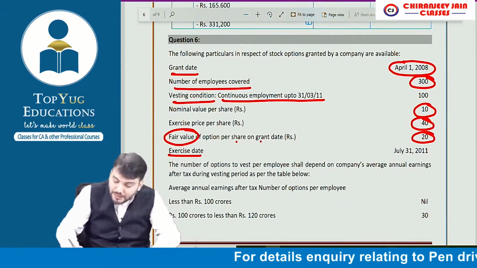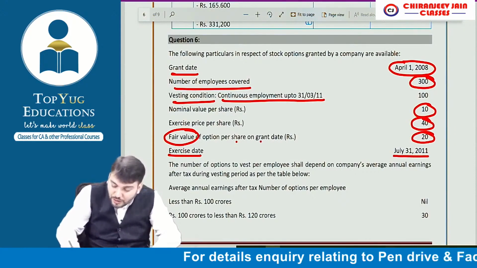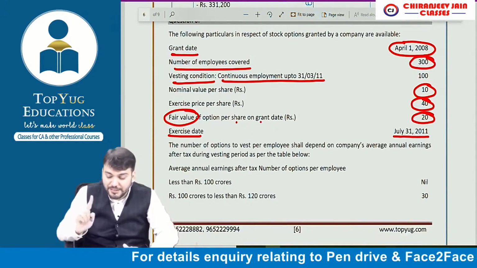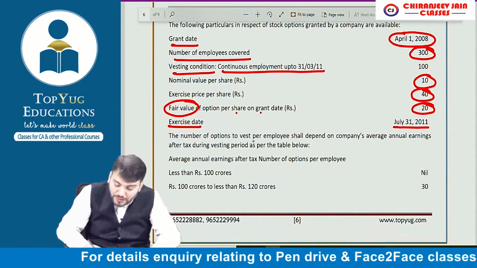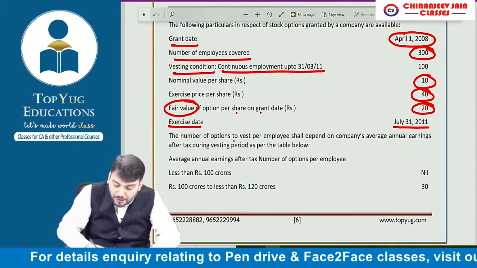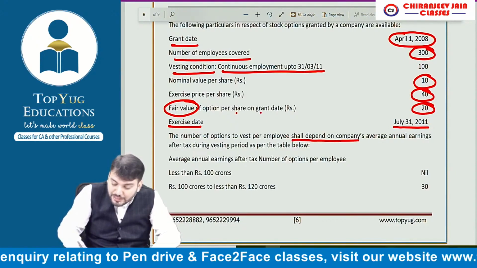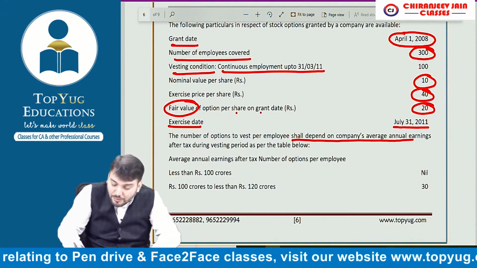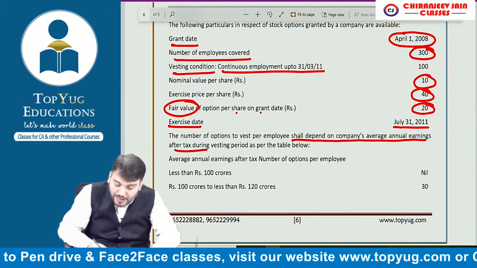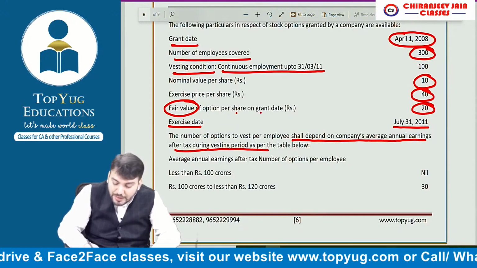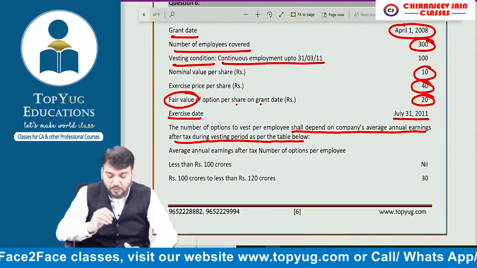Exercise date is July 31st 2011. The number of options to vest per employee shall depend upon the company's average annual earning after tax during the vesting period, as per the table below.